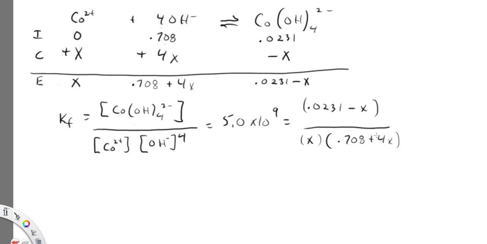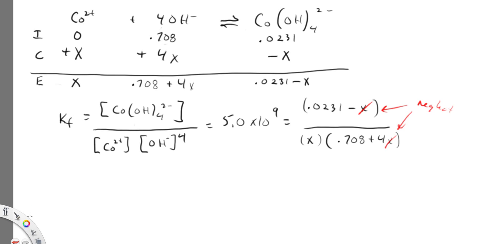Okay, so you should see some very messy math here. We're going to neglect x. What is the amount of x that we can neglect? Which x's? All right, so we're going to neglect this x and this x, okay? And you need to state it. We're going to neglect that.